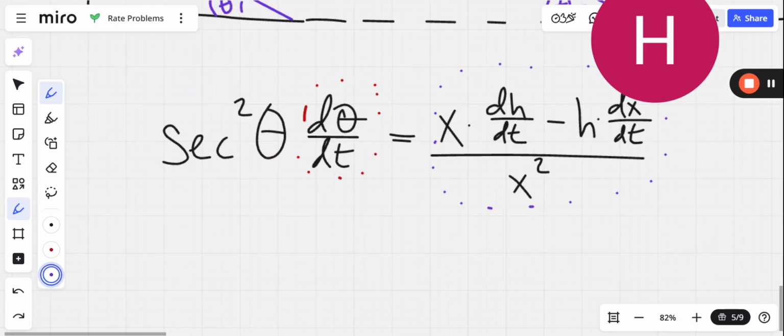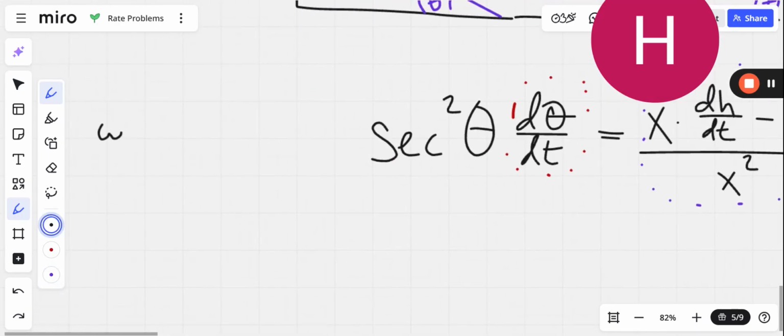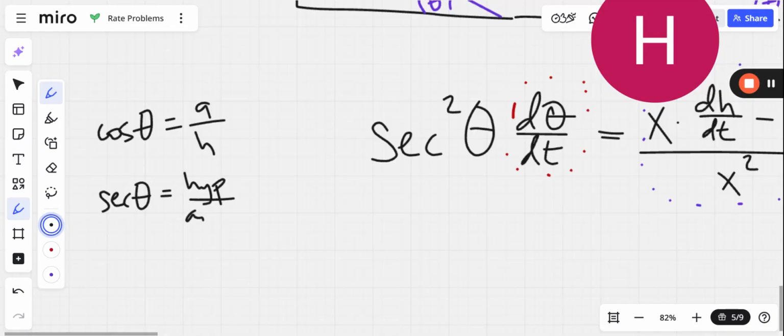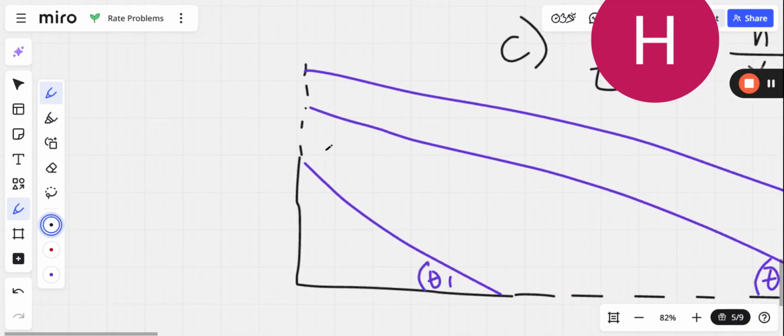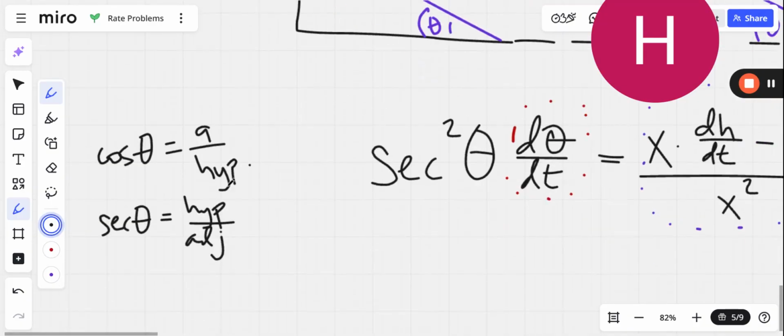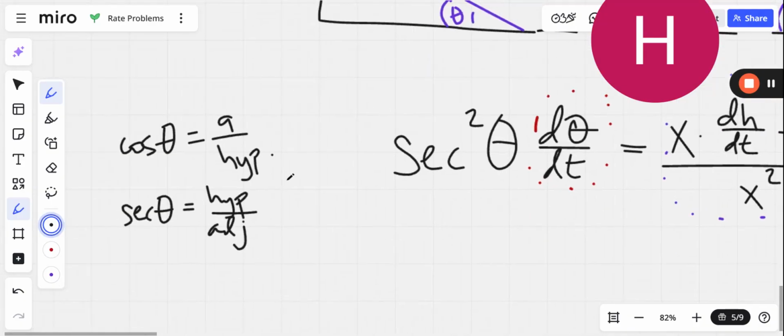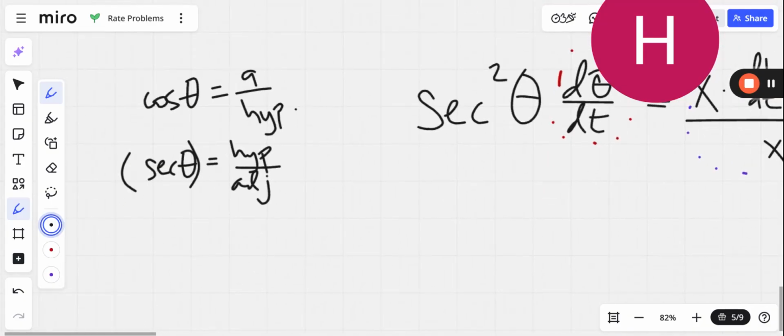What we don't really have, but we can figure out on our way to solving d theta dt, is this secant squared. So just remember that cosine is adjacent over hypotenuse. So secant theta is going to be hypotenuse over adjacent. I'll put hyp so that we don't think it's h, like the height. That means secant squared theta is just going to be this squared.